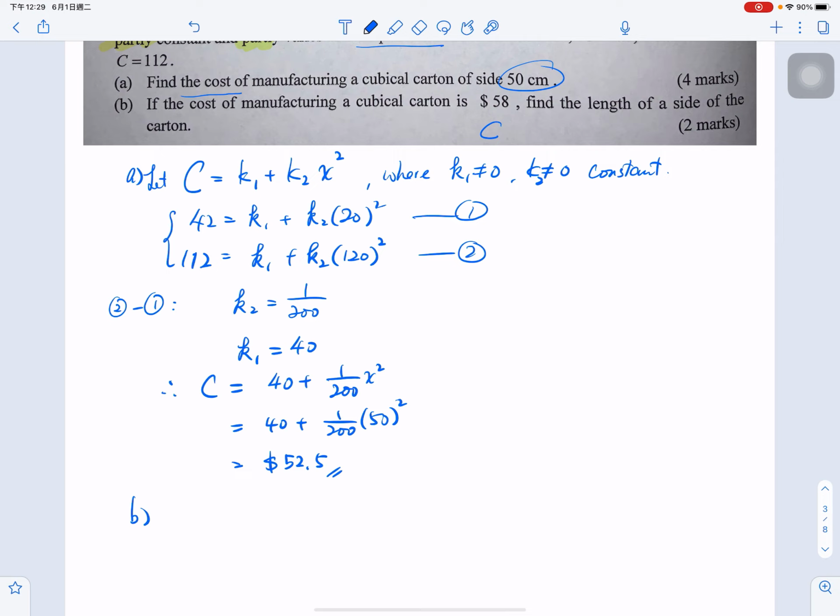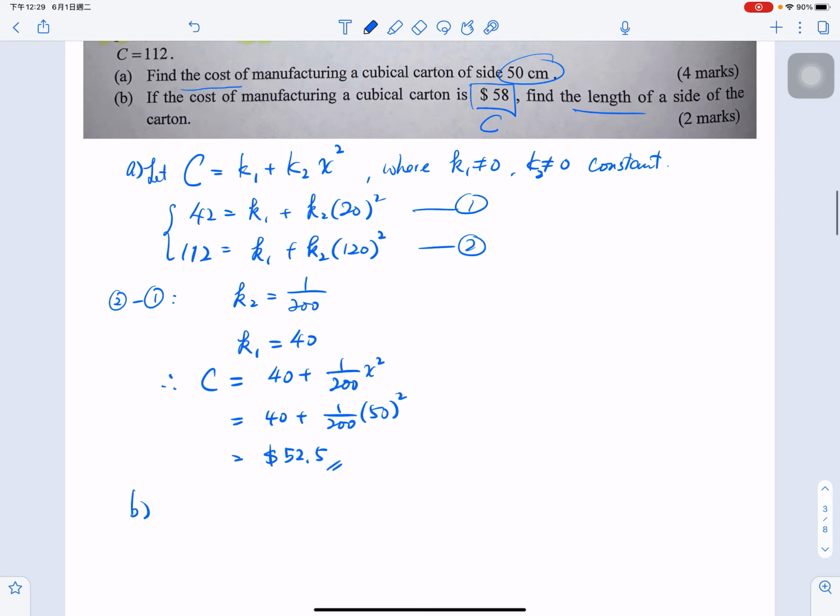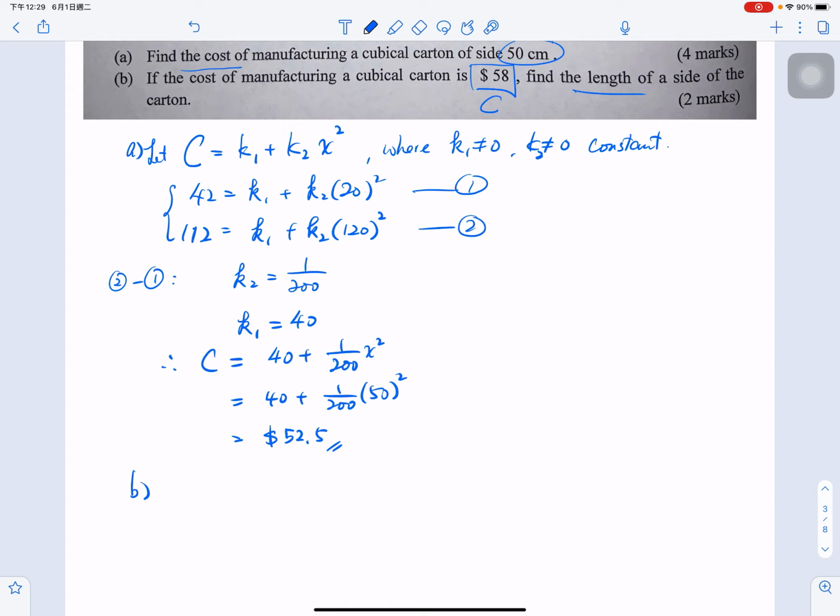Find the length of a side of the carton. It's the same, just directly substitute. C now is 58 equals 40 plus 1/200 times x squared, right?